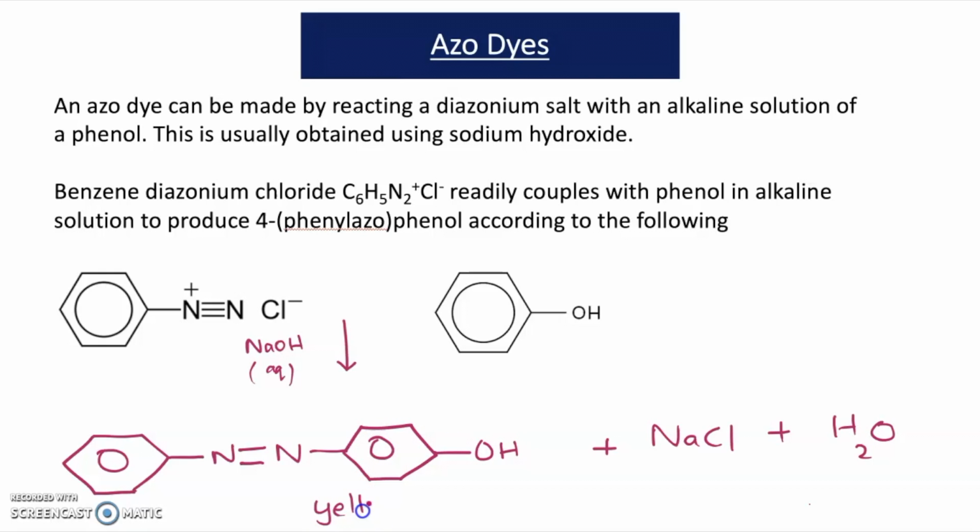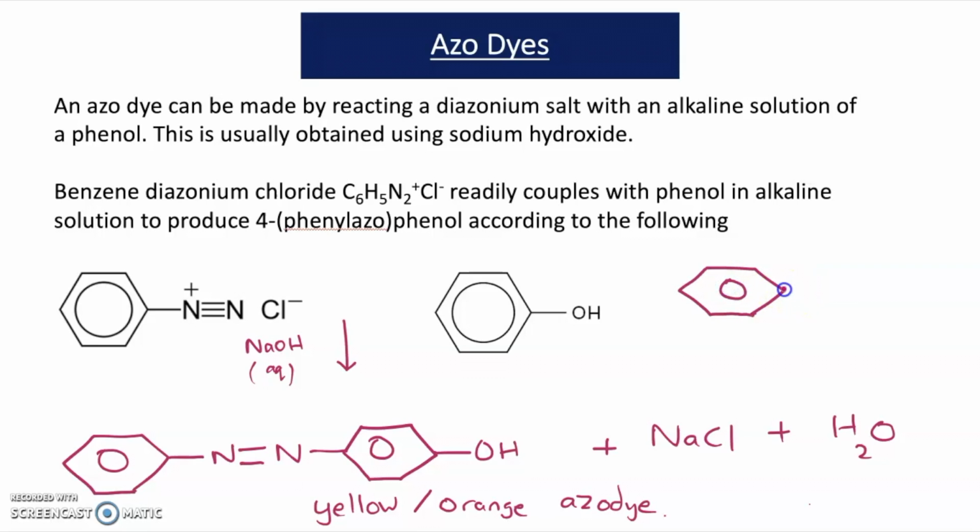Now this compound is a yellow-orange dye, and azo dyes tend to be red, yellow or orange, and it's called an azo dye because it contains this azo group, which is a single bond to a nitrogen and then a double bond to a nitrogen and then a single bond.